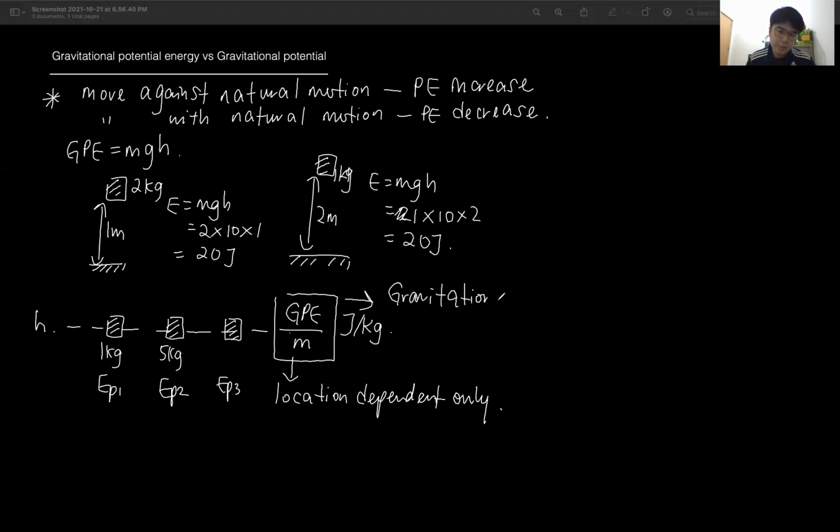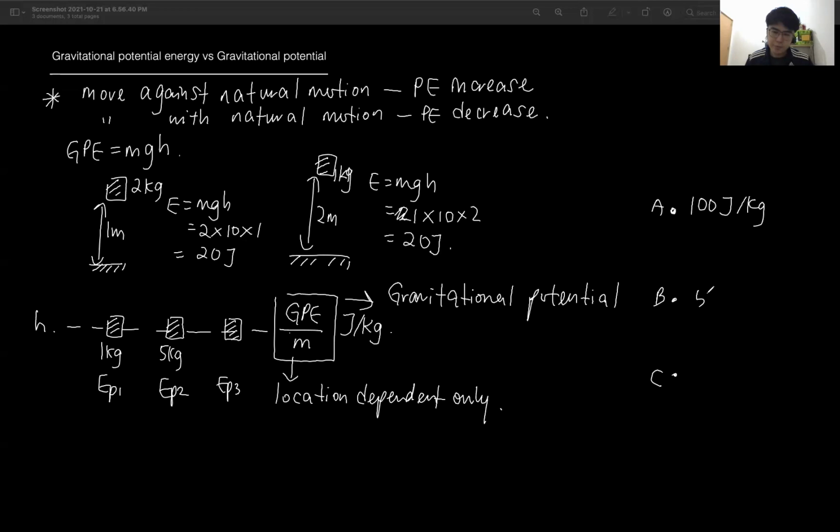Okay, gravitational potential. Now let me explain. Gravitational potential tells you how much gravitational potential energy is gained per unit mass, independent of mass. So for example, if I have 3 points, let's say point A, point B, and point C, here is 100 joule per kg.